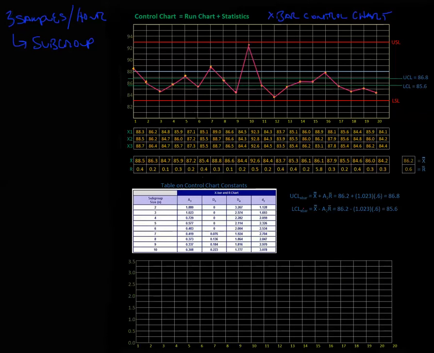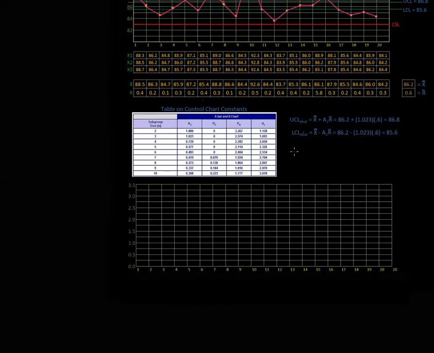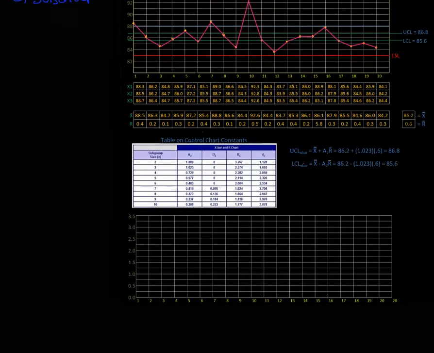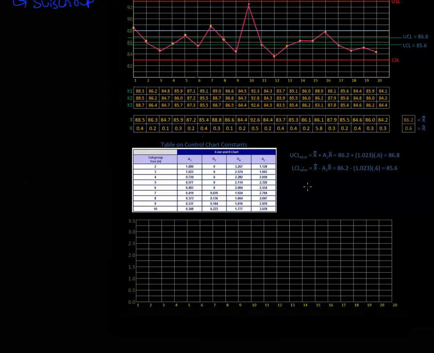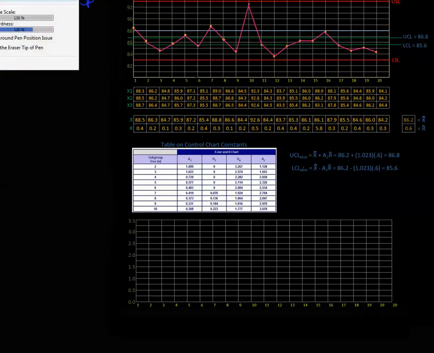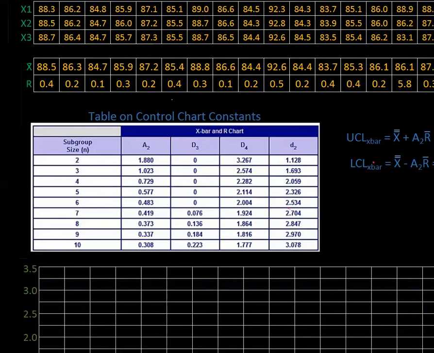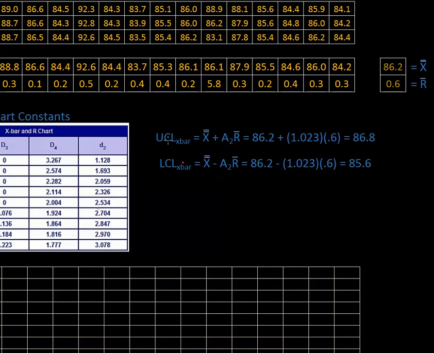We used a couple equations right here to calculate our upper and lower control limits. These formulas are available through any number of standard quality textbooks. So we've calculated the upper and the lower control limits. I may even be able to zoom in on this to get you a better look at it. Here we go. So our upper and lower control limits of our X bar control chart are your X double bar plus or minus this value we called A2 times R bar.